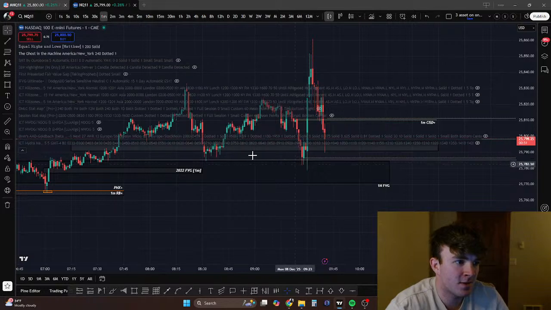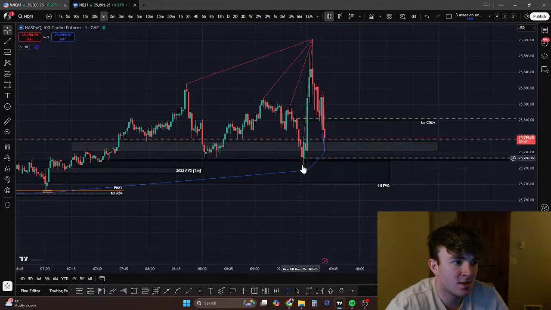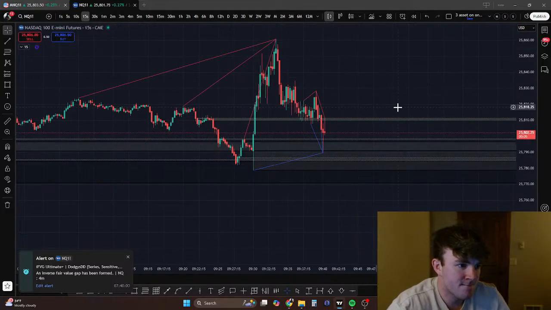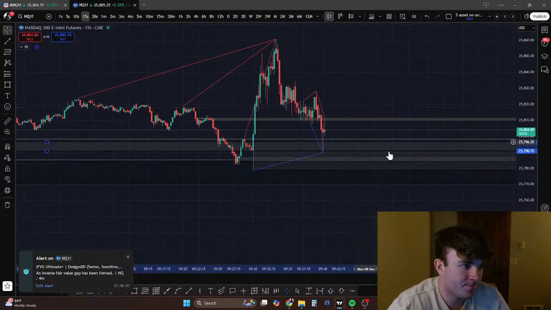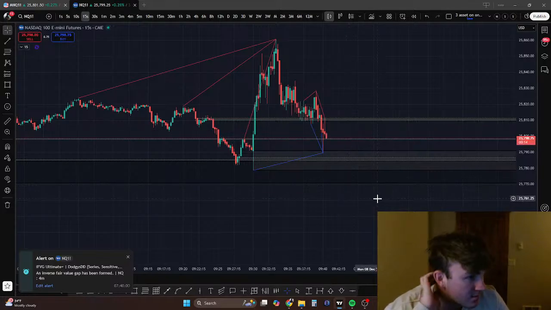This might even be Phoenix, actually. With this rejection block, this actually might be Phoenix here, because this is a good size rejection block, and it came with multiple SMTs. That actually is probably going to work out.